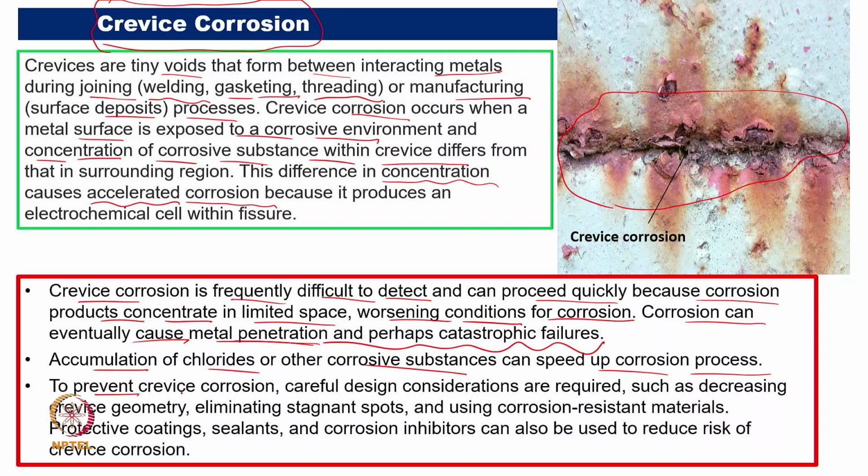So what we say is that to prevent the crevice corrosion, we really require good design consideration. And the major thing is that we should not have stagnant spots. Why are we saying this? Reason being, after the welding is done, we use a sealant.